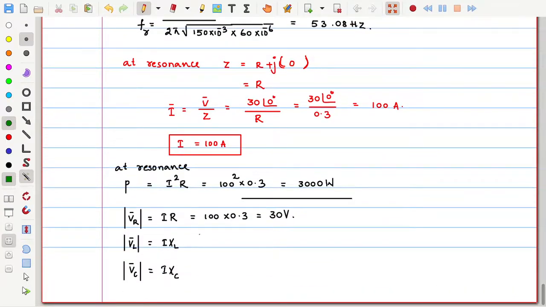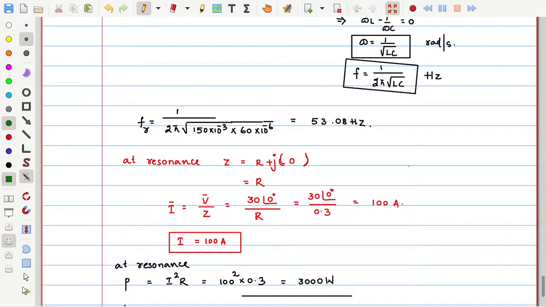Okay, so let us see carefully. How much is VL? I into XL. How much is XL? Let me calculate one step here. XL is omega L. How much is omega?